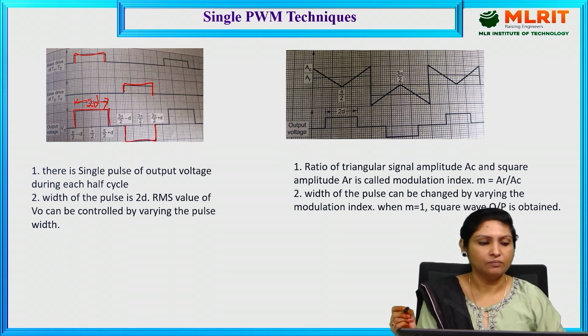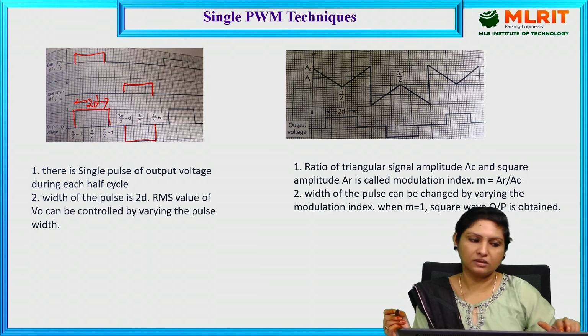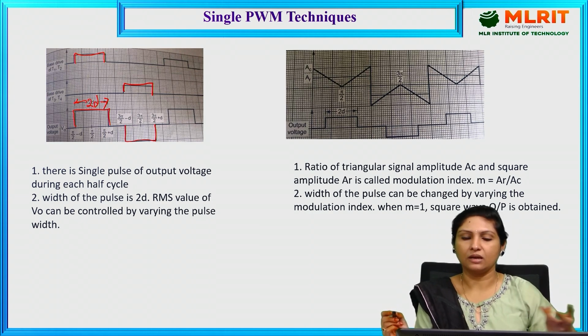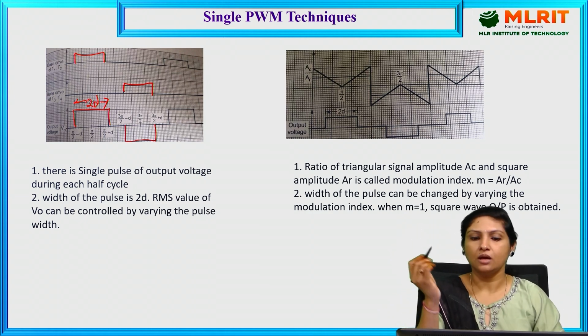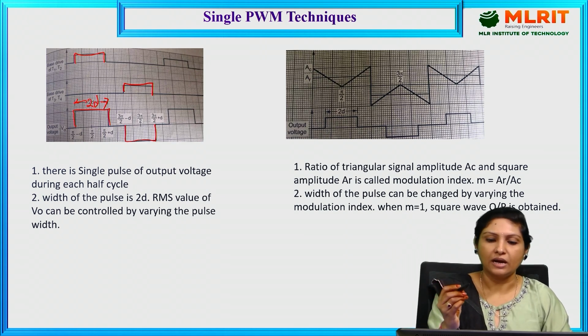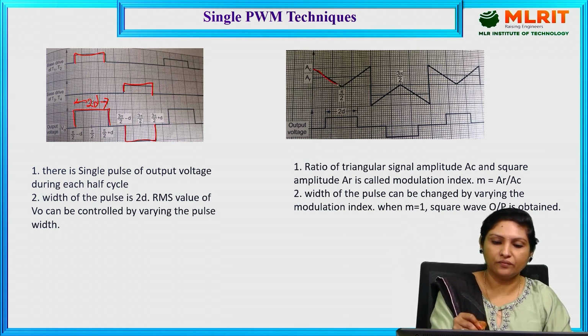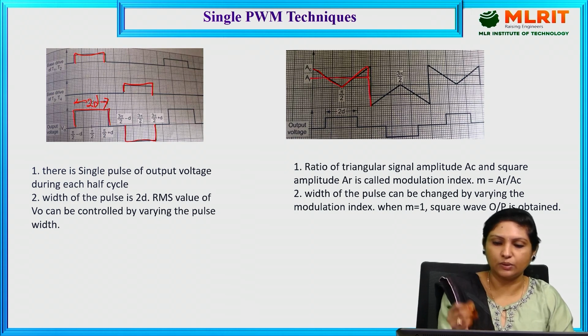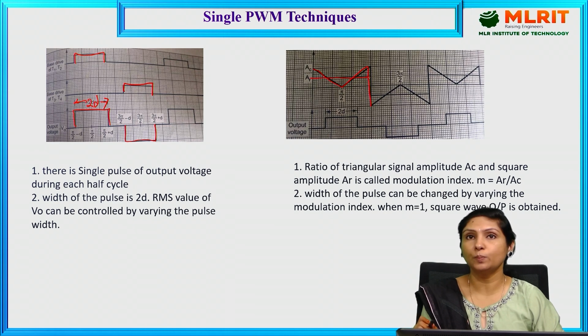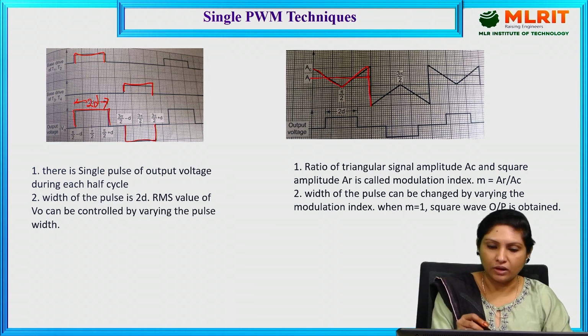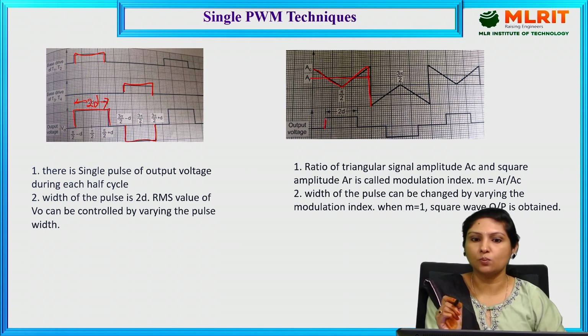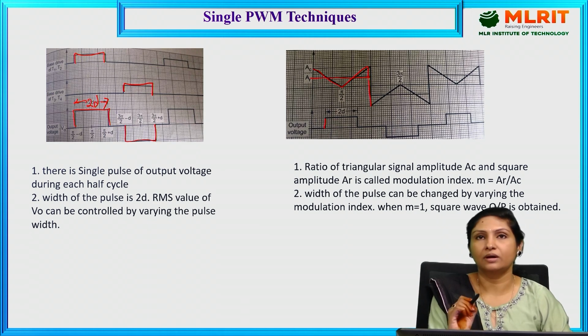Let us see in detail, using these diagrams, how this pulse width is obtained. This is a carrier wave, and this is a reference sine wave. When these two waves are compared, the amplitude of the pulse width depends upon the amplitude of the reference wave.